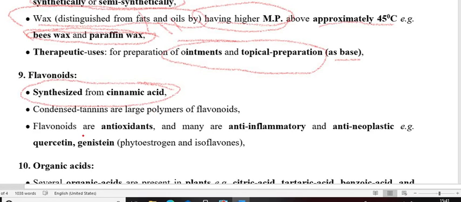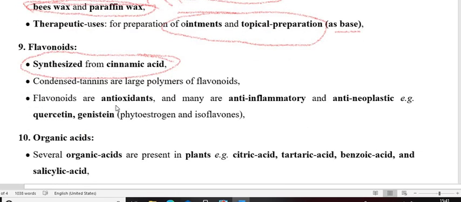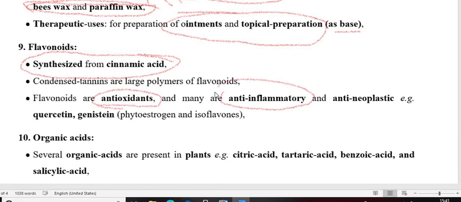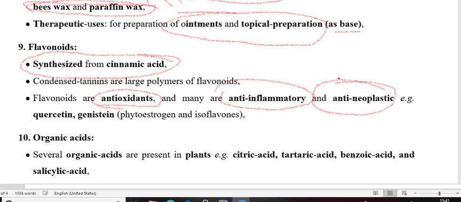And flavonoid is an antioxidant, showing antioxidant property, also anti-inflammatory property, and the flavonoid also possesses anti-neoplastic property, that means anti-cancer. So this flavonoid is used for the therapy of cancer.